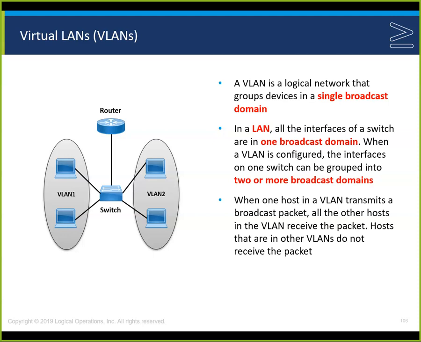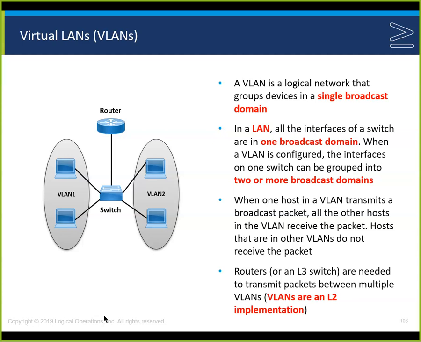A tag gets inserted into it as it goes into the trunk that says, hey, you're a member of VLAN 33. When you get to the other side, it tells the switch at the other side that I'm a member of VLAN 33, and it will send you off to all of your VLAN 33 buddies so you can talk to them.